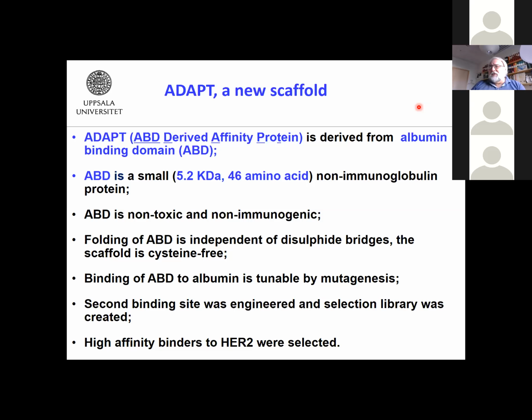So for therapy, to avoid kidney reabsorption, we fused antibody molecules with ABD, and after injection they bound to host albumin and were not filtered through the kidney.